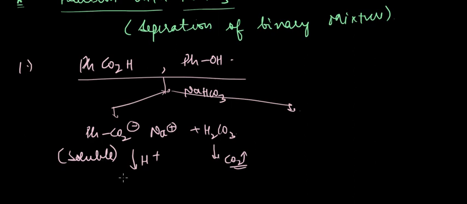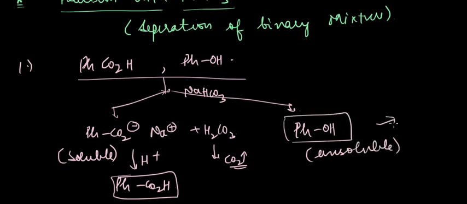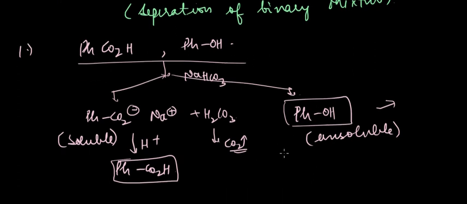On reaction with H+ we get again PhCO2H, hence the acid is separated out from the mixture, and phenol, which is insoluble, can be separated out. Hence we separated out the mixture.